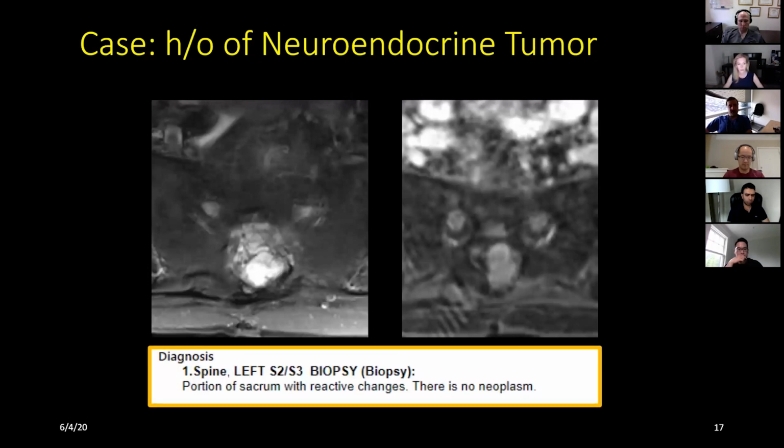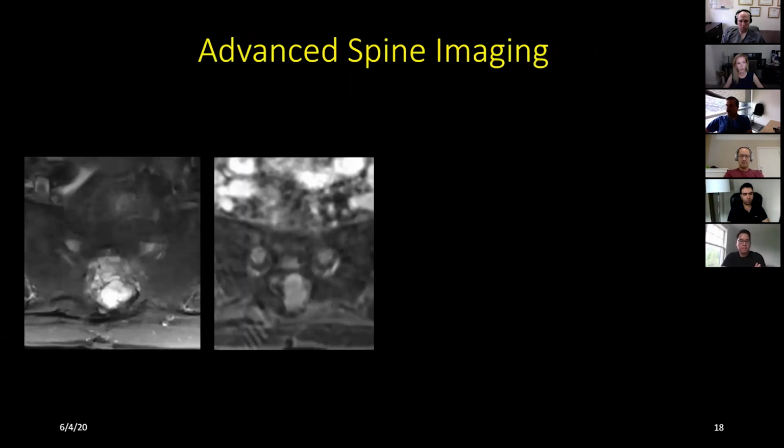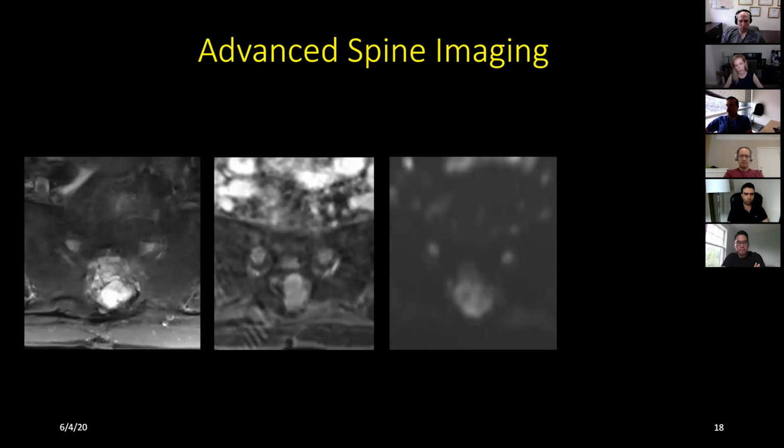This patient was biopsied at the outside hospital. This is what the biopsy results came out to be. So it's highly unlikely that this is reactive changes and nothing sinister. So obviously, we did not believe in this, and we did our advanced spine imaging protocol, in which we do the conventional part, and then we add diffusion imaging.